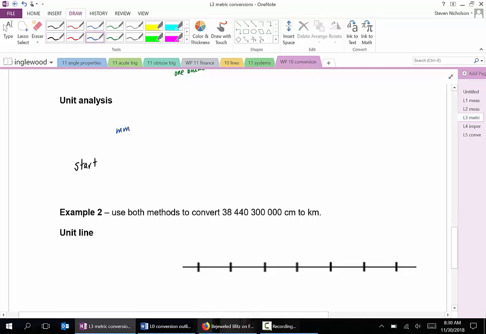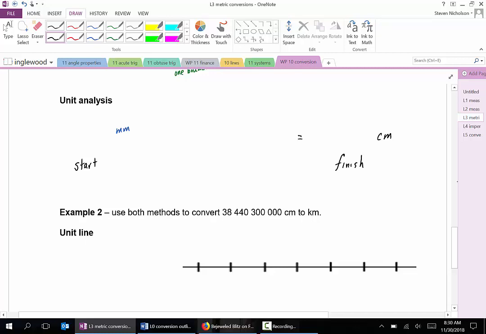I'm going to leave the numbers out right now. And where I want to finish is I want to finish with centimeters. And what's going to happen in the middle is I'm going to multiply by a conversion factor. Remember, 10 millimeters in a centimeter, 100 centimeters in a kilometer, etc. I'm going to multiply in such a way that the numbers get canceled out.